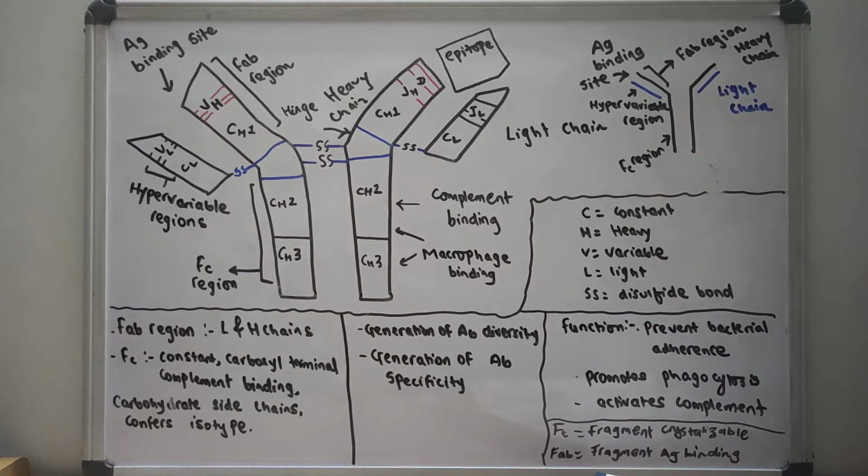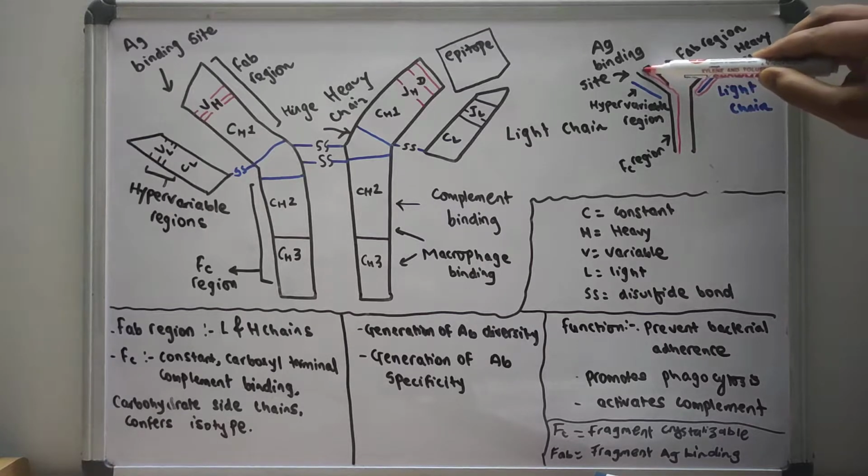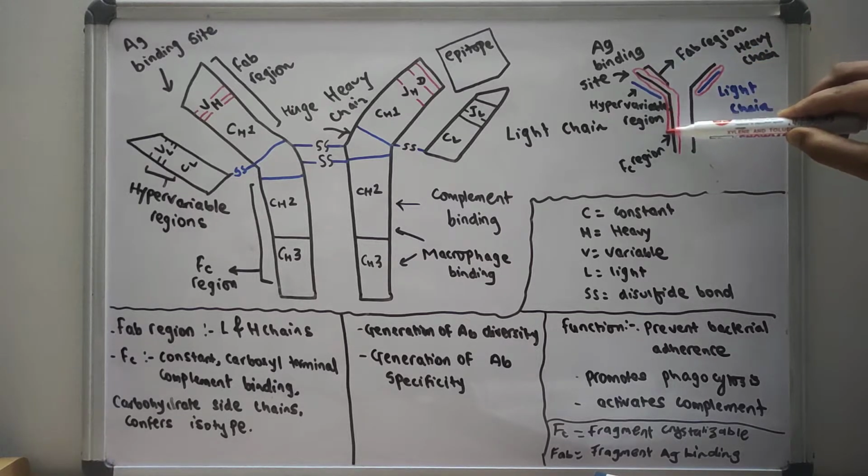Again, I am going to elaborate the structure of the antibody. This is the light chain and this whole region is the heavy chain.